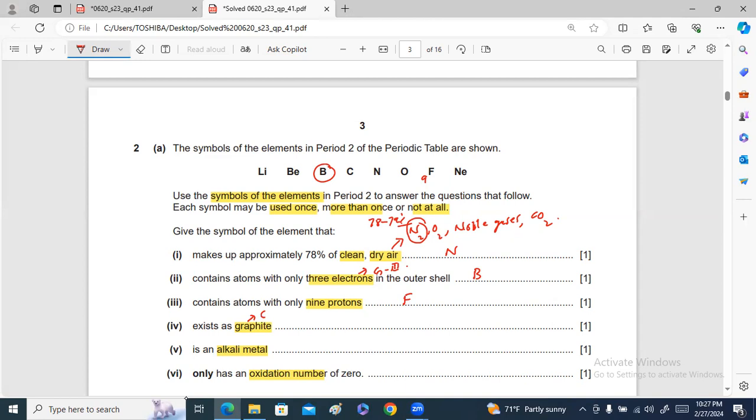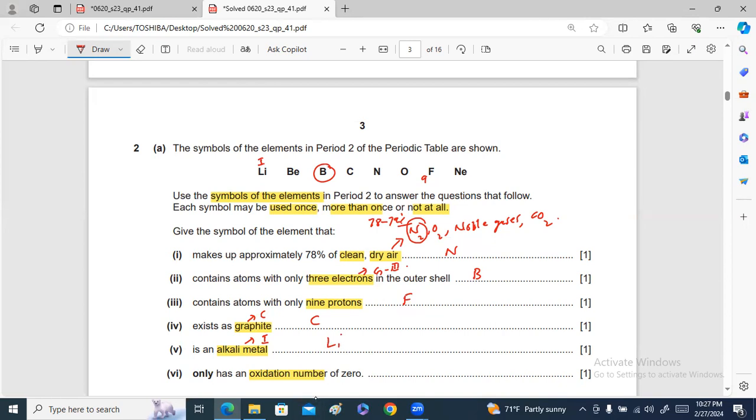So that's why the answer is C. Is an alkali metal. Alkali metals are the metals which are present in group 1 of the periodic table. If you look at group 1, you can see lithium, sodium, potassium, rubidium, cesium, francium, but in period 2, there is only one element, and that is lithium.